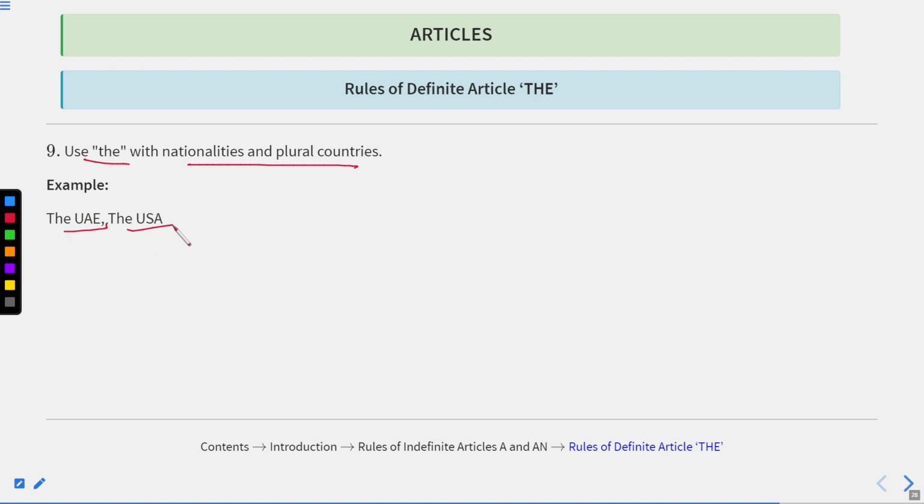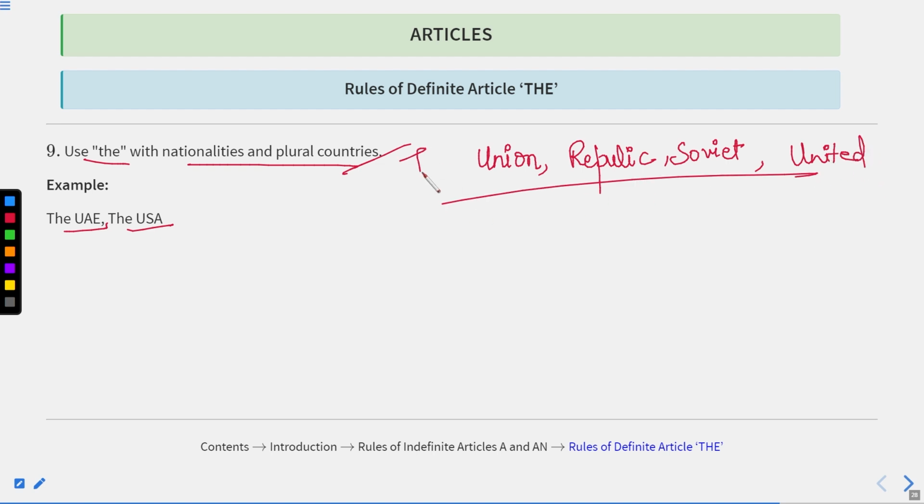The UAE, the USA. Now actually not the nationalities. Let me rectify this. If any country's name begins with union, republic, Soviet, or united, we should use "the" before it.